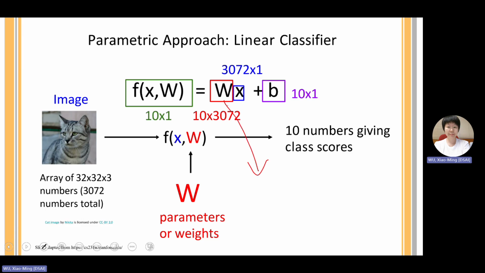So we can write out W as W1 transpose, W2 transpose, up to W10 transpose.